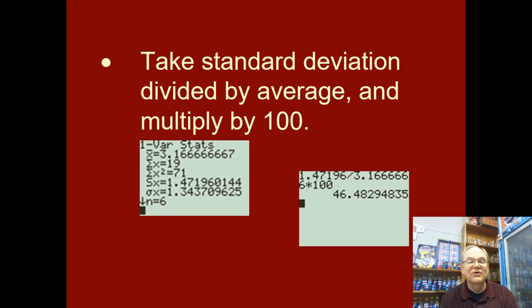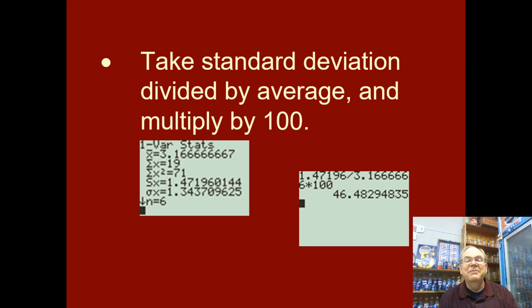So like on the readout screen you have there, if I wanted to find the coefficient of variation, I take 1.4719, I take the numbers that I see there, divided by 3.16 repeating, and I take that answer times 100. And here, what I would say is our coefficient of variation is about 46.5%. That's roughly where we're going to end up.